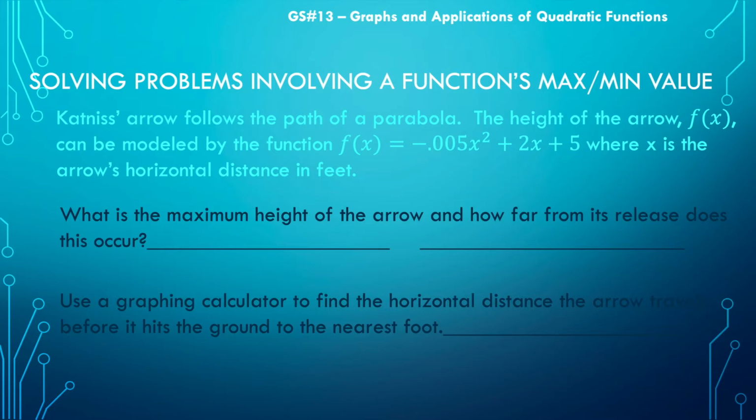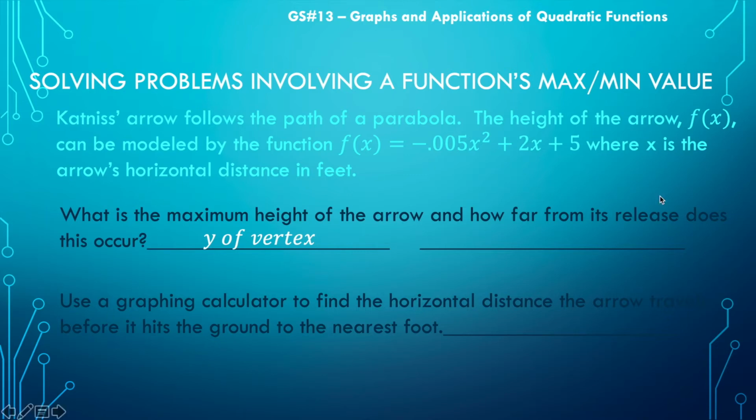Whenever you've got a word problem with a quadratic equation, and it says maximum or minimum, that is going to be talking about the vertex, specifically the y of the vertex. Just like what we've done before, the max and where it's happening refers to the y and the x of the vertex.